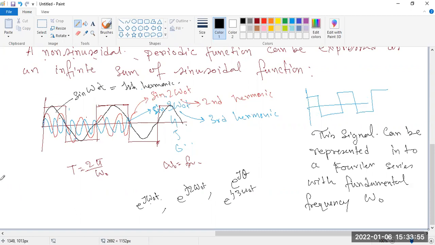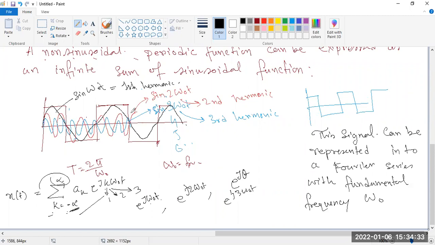Any signal can be represented in this way as an infinite summation: k from minus infinity to plus infinity, a k, which is a coefficient, times e to the power j k omega naught t. For the first harmonic k equals 1, for the second harmonic k equals 2, for the third harmonic k equals 3.